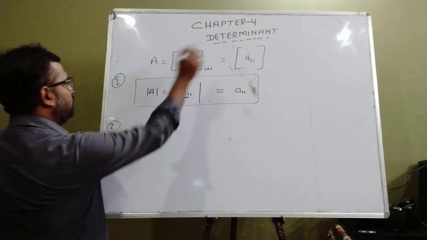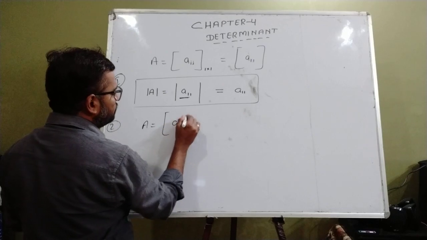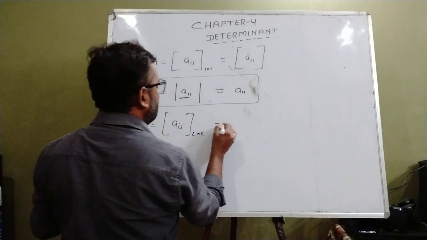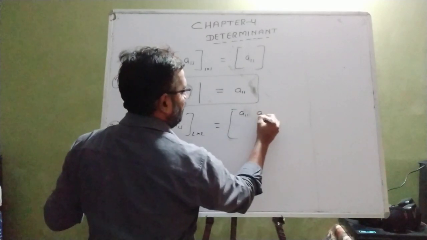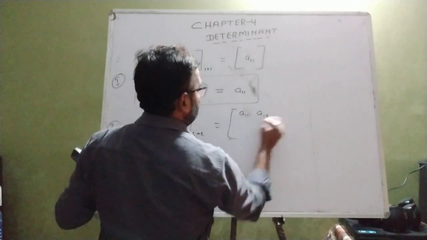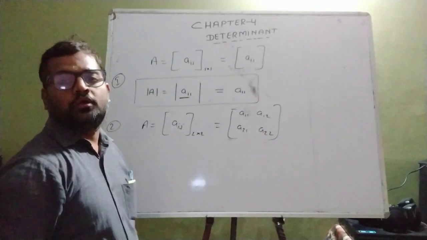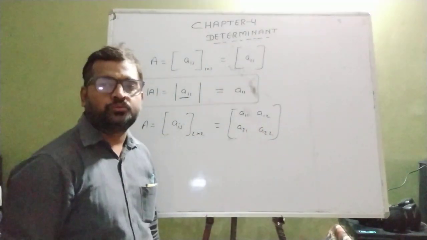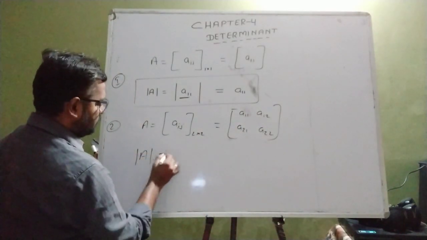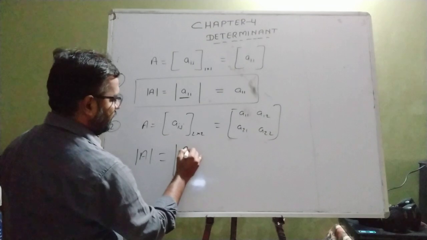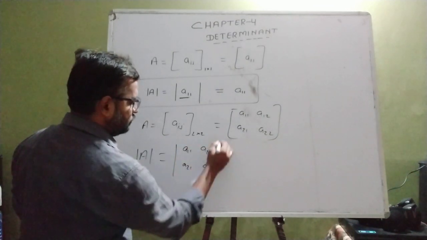The second one: if A is a square matrix of order 2 by 2, how can this be represented? A11, A12, A21, A22. The determinant of this matrix can be written like this: A11, A12, A21, A22.